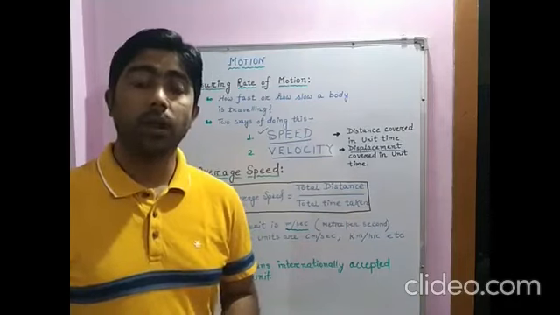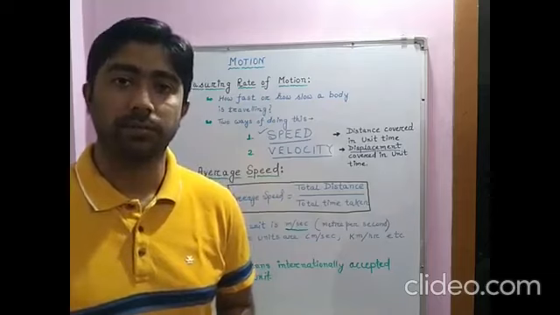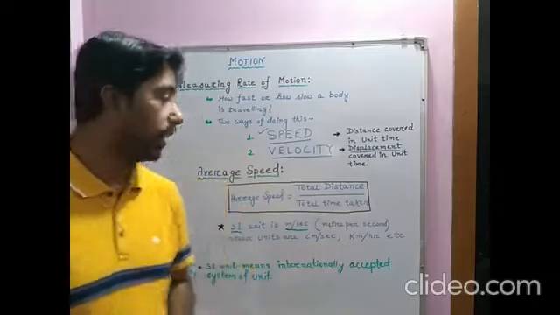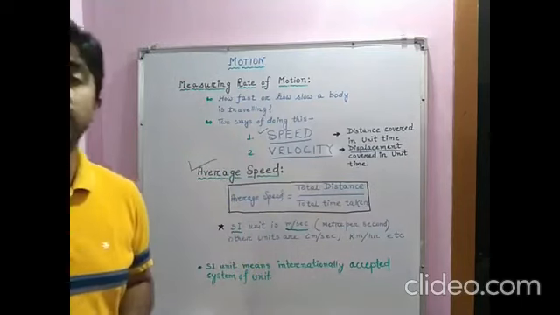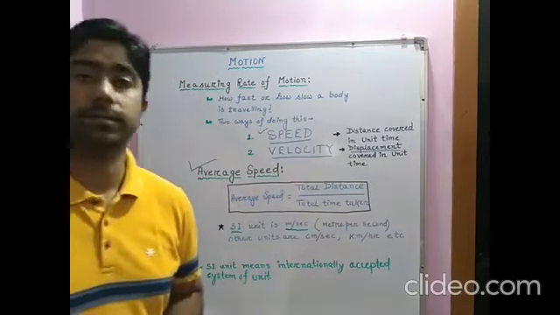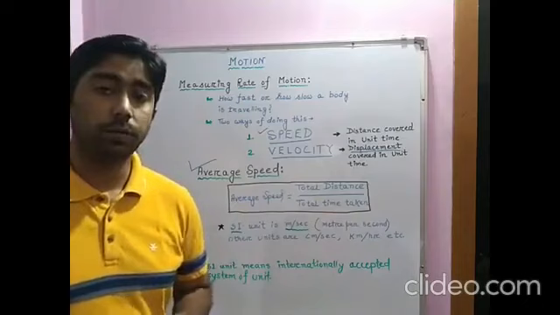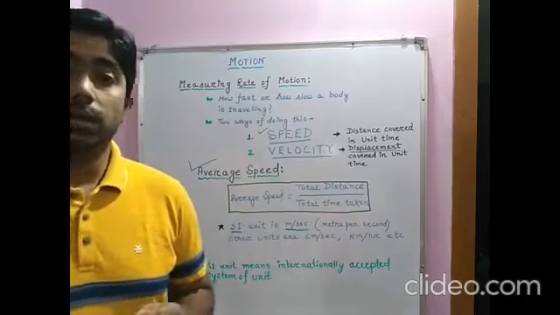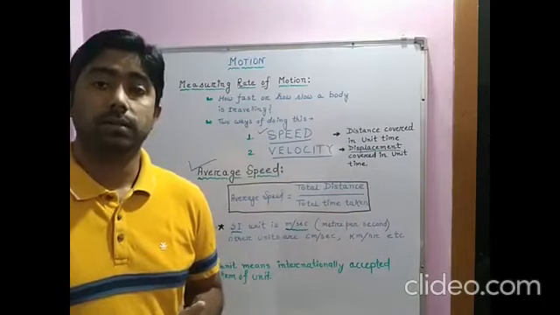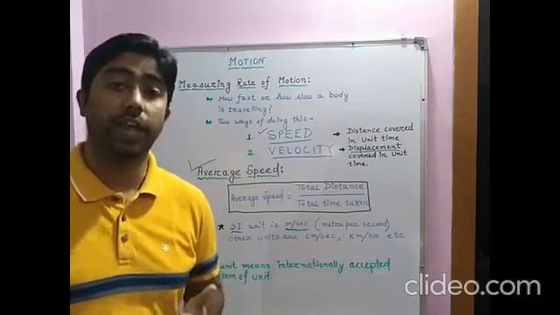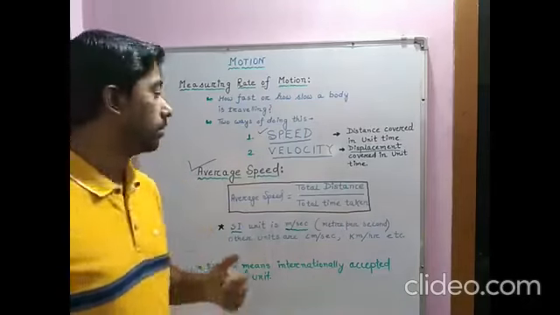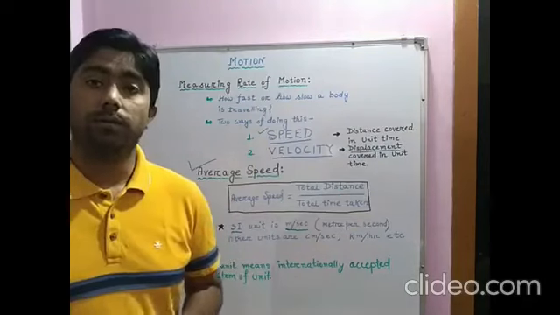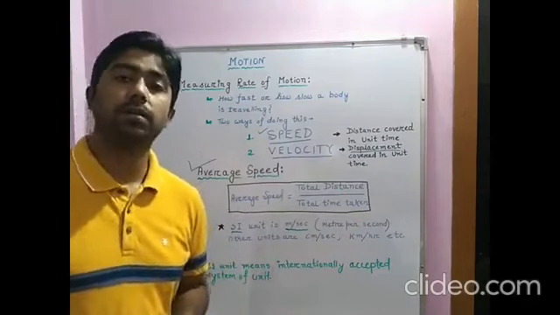Now you need some other quantity, and that quantity is known as average speed. For a moving body having variable speed, it is better to find the average speed of the body.